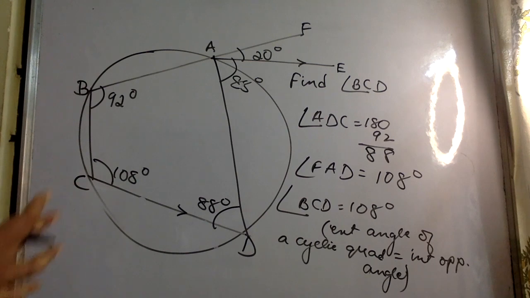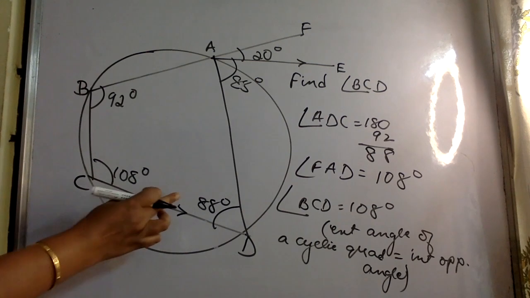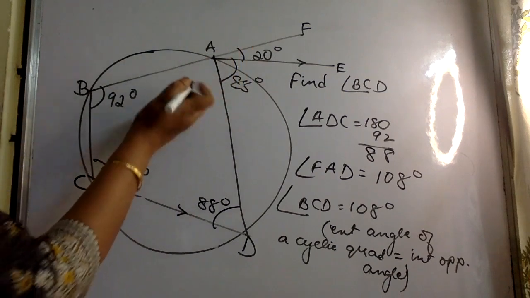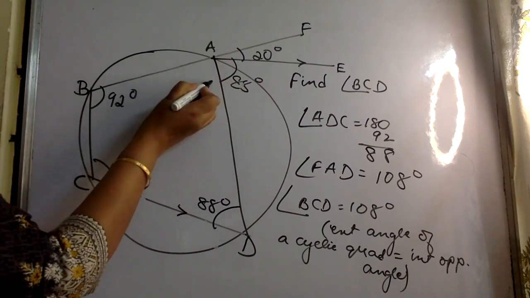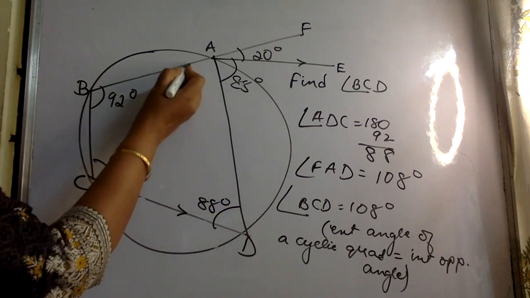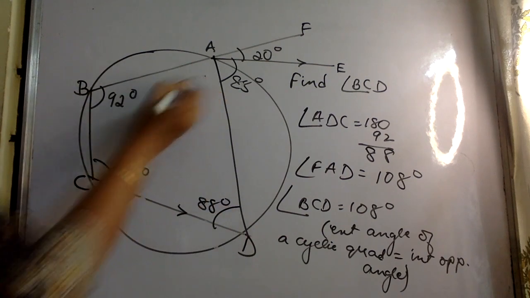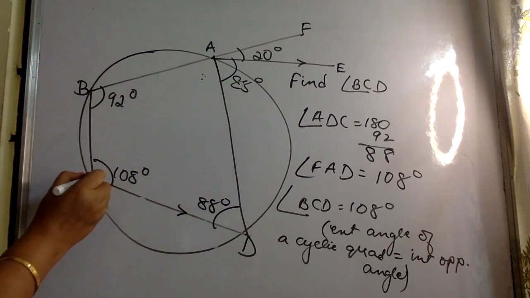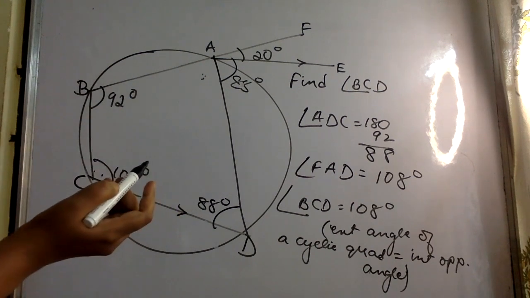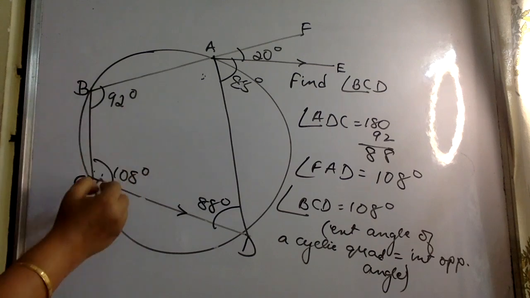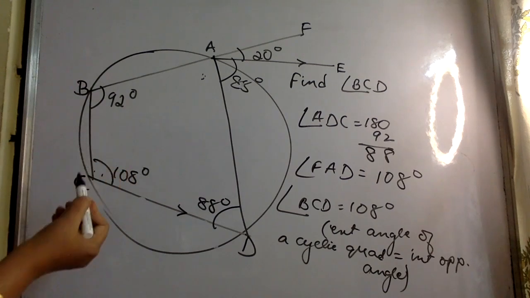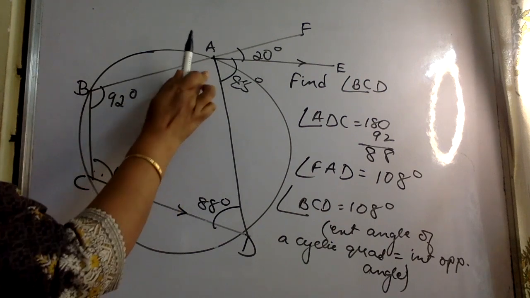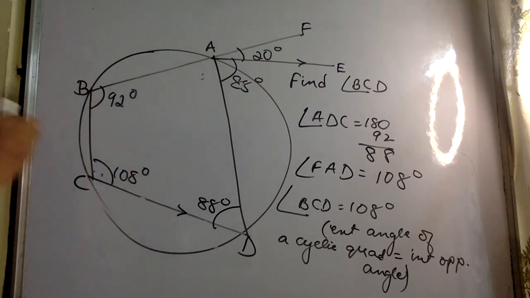The sum was looking very tough, but only by using these parallel lines, alternate angles, and then adding this up, we don't even have to find this. Sometimes people find this. If you want to find it, you can. This can be 72. If this is 72, this is 108 again, because these two are opposite angles of a cyclic quadrilateral, so they are supplementary. That way also you can find it, but then I took a shortcut. I got it straight from here and here.